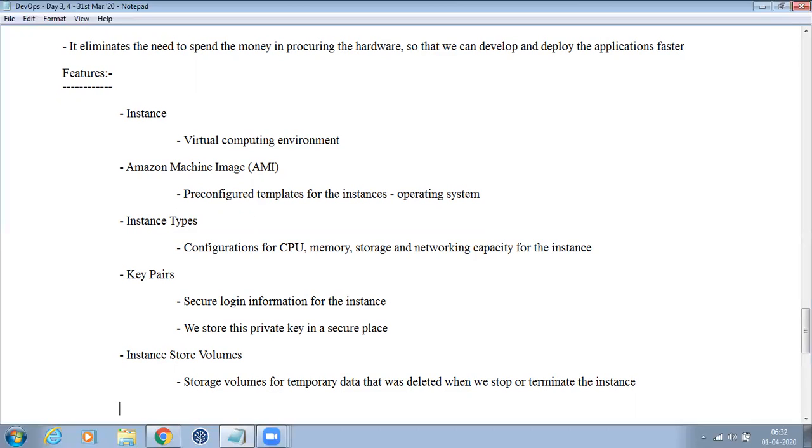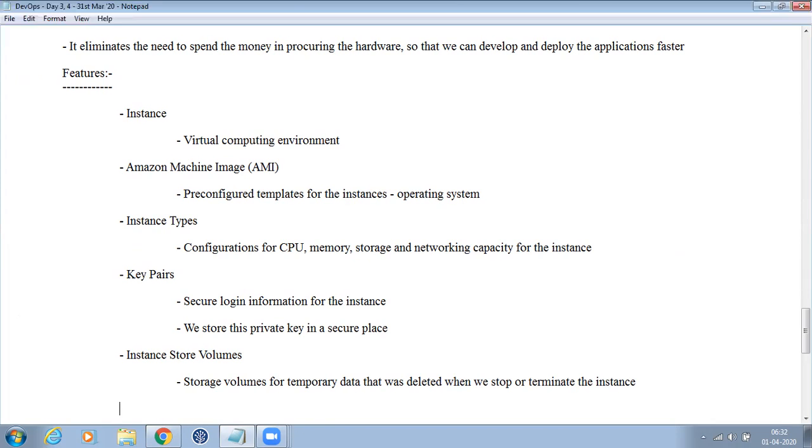And whenever we try to stop the instance, when we don't work, we try to stop. As I told in the previous session, it is always a good practice to stop the machine or instance or server when we are not using it. Even in real time, if the application is not being used, if you know that, then try to turn off the machine. Otherwise, we need to pay the cost for that.